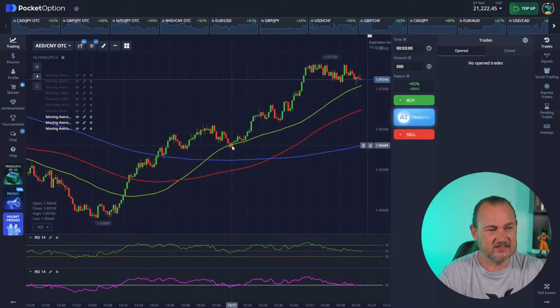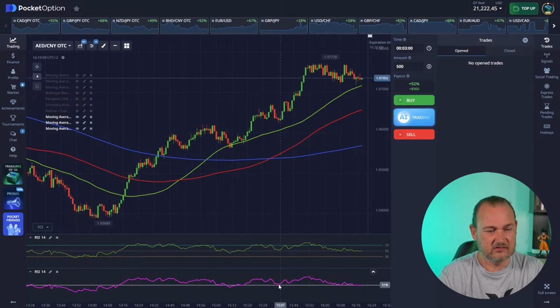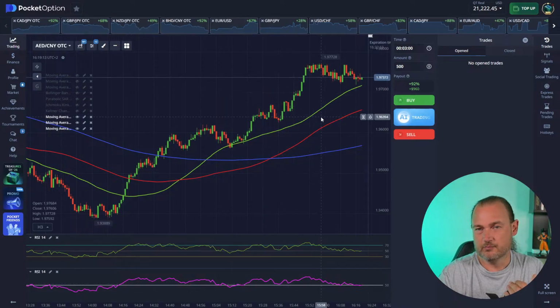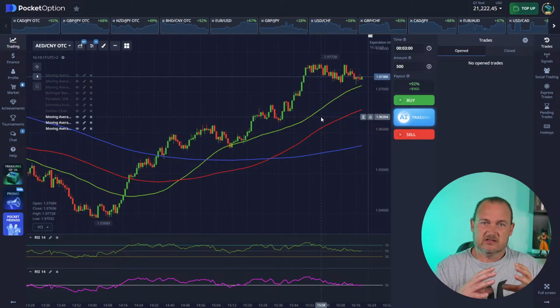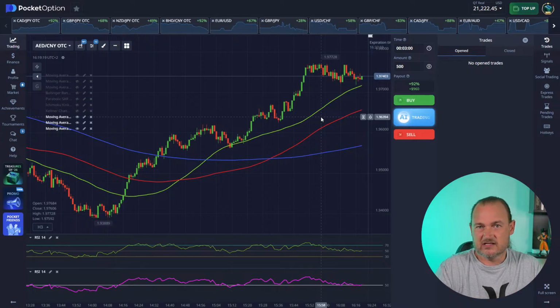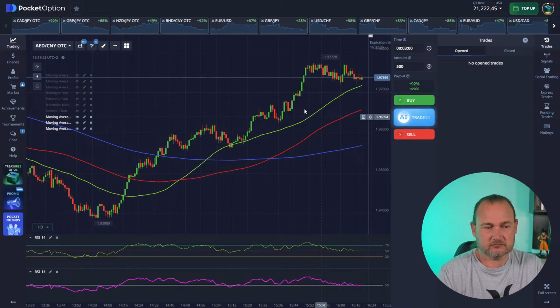We can see the tests when the price gets rejected. If you look here, price came down a little bit and the RSI rejected. Every time it does, it tells me that bullish momentum is being maintained. I'm using the RSI to show me how much momentum there is and whether the momentum is changing, bullish or bearish.